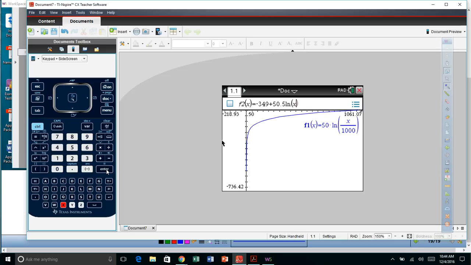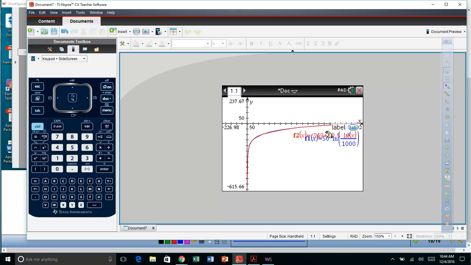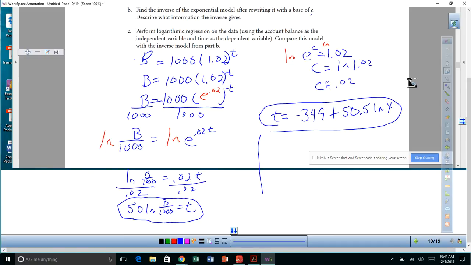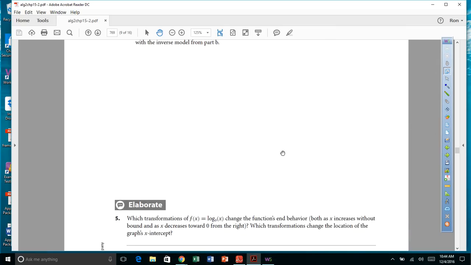Now it won't be exactly perfect because I did some rounding, but you can hardly tell the difference, can you? There's a little bit, but that's pretty tight. All right, good, so that was C.